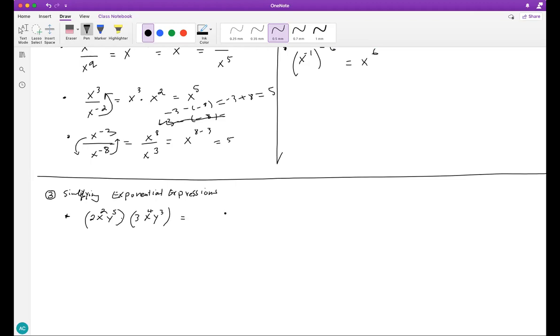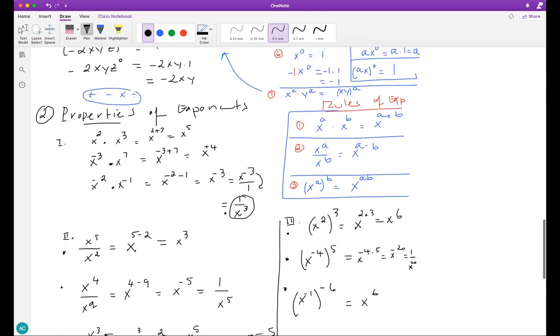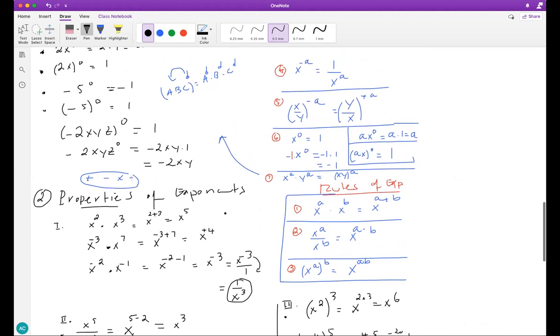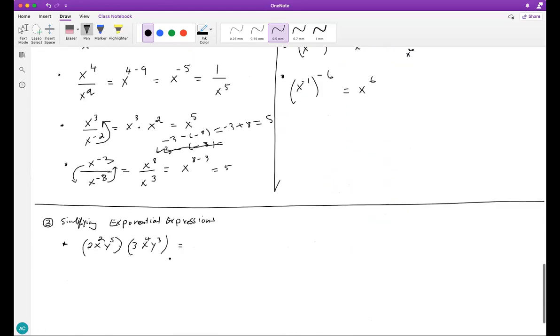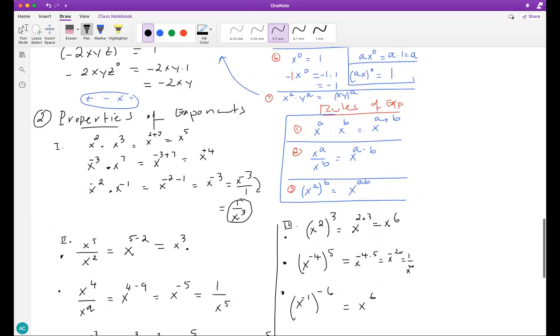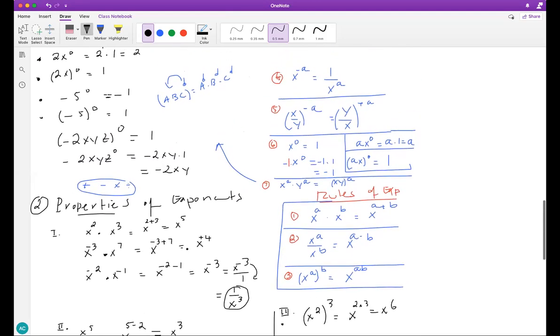So if you recall from last time, which rule from this list are we going to use to multiply these two expressions? Would it be the first one? That's right, it would be rule number 1.